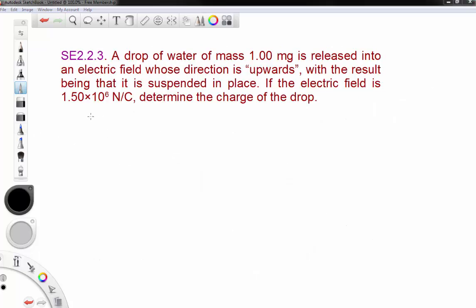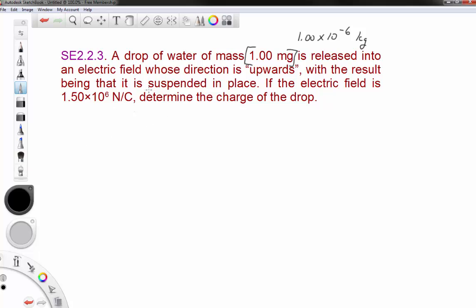One last quick example is that we have a little drop of water. It's got a given mass of 1.00 milligrams, which is the same as 1.00 times 10 to the minus 6 kilograms. And we're told that the electric field strength is pointing upward, and we're asked what the charge must be on that drop of water.